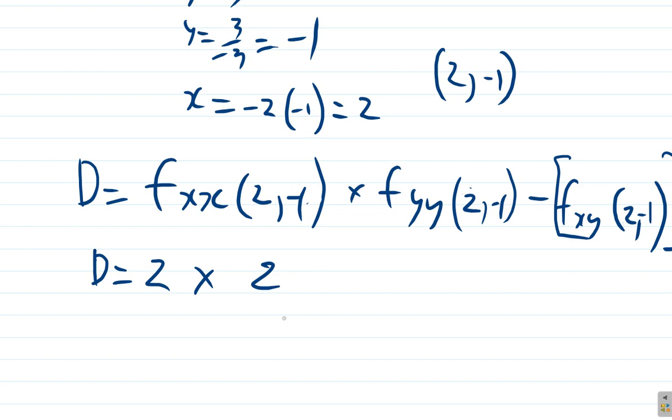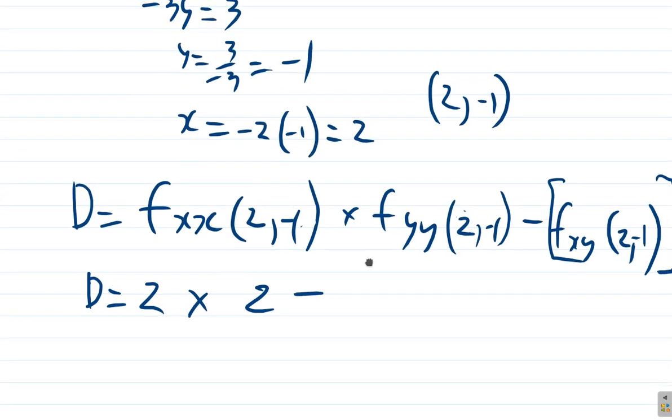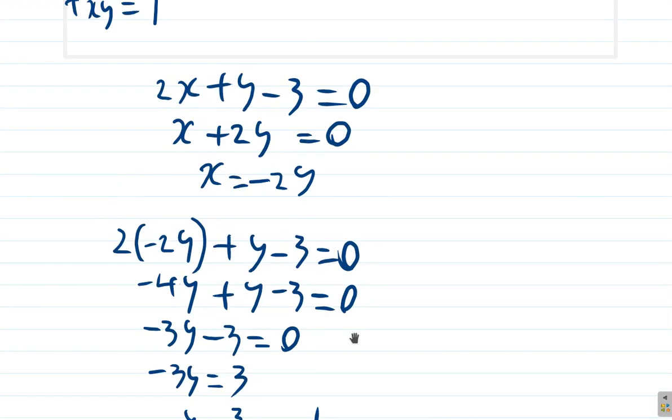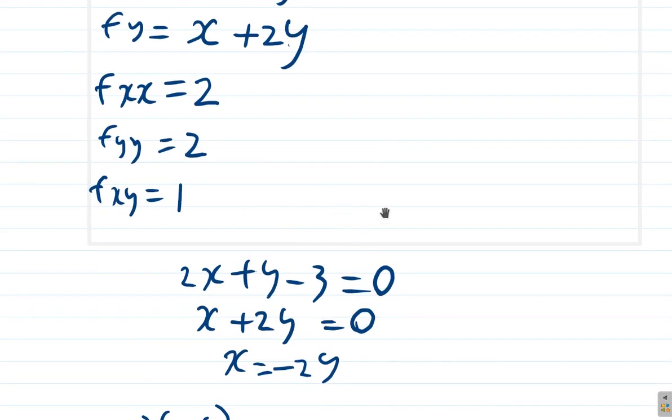Or if it had said fxx was 3x y squared, it would have been 3 times 2 times negative 1 squared, because we would substitute the 2 for x and the negative 1 for y. But we don't have any values there to substitute, so we just use the 2 and the 2 minus the fxy squared now. fxy squared.